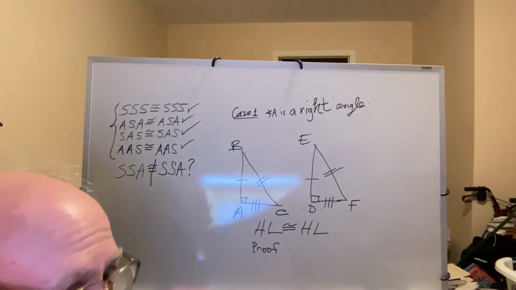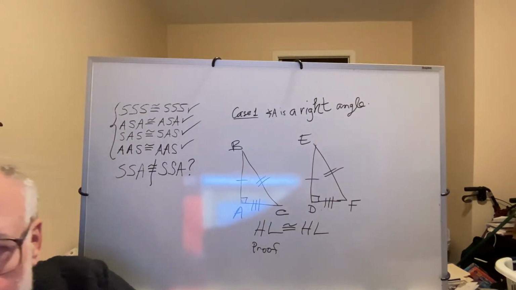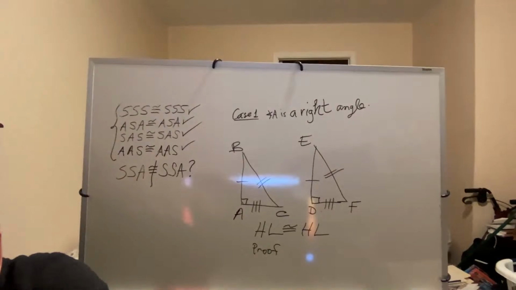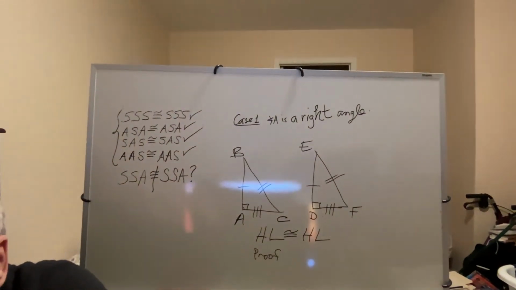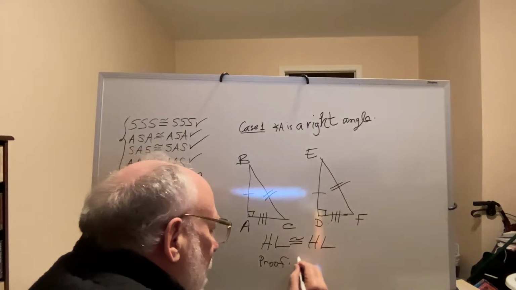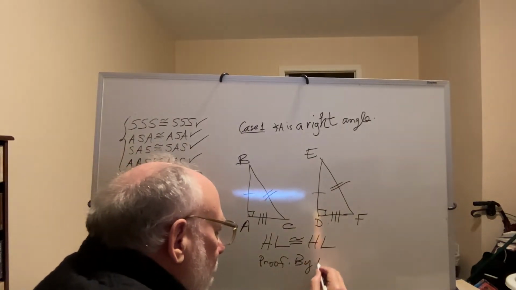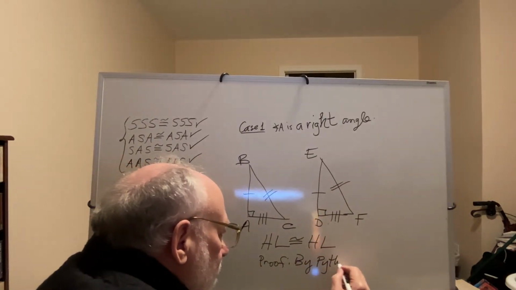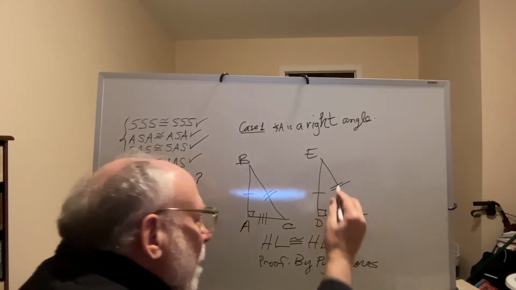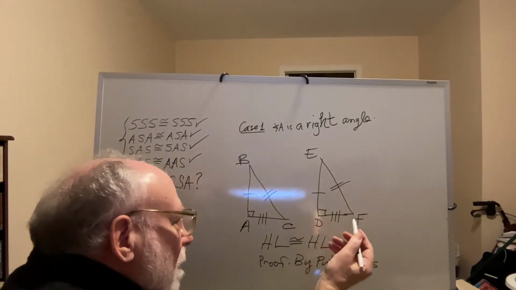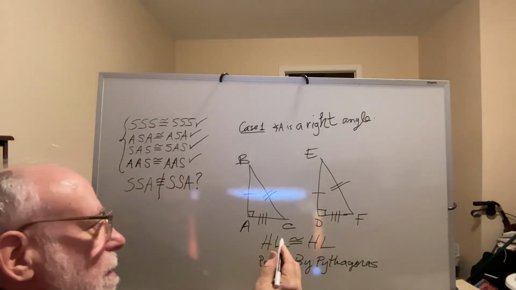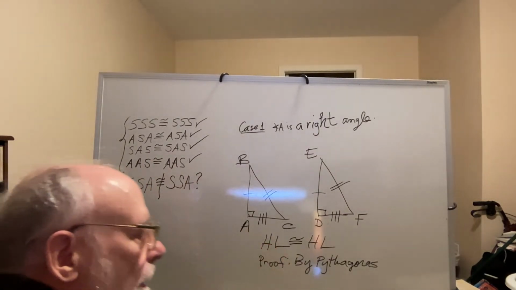The proof of that is by the Pythagorean theorem. If you have hypotenuse and leg, you're going to get the other one because a squared plus b squared equals c squared.